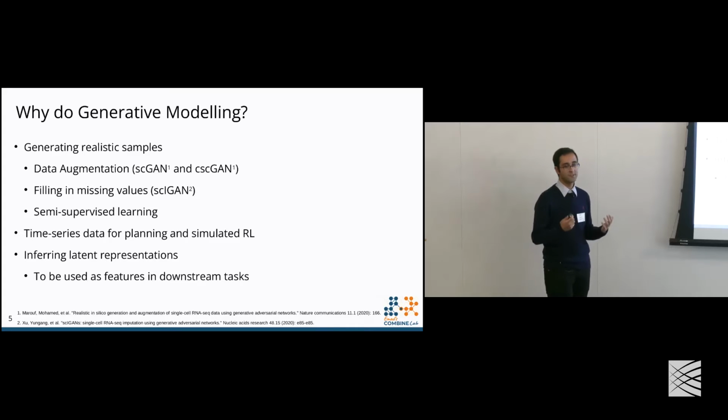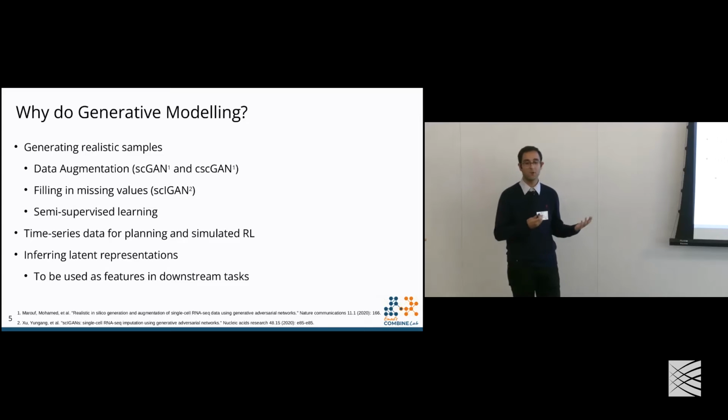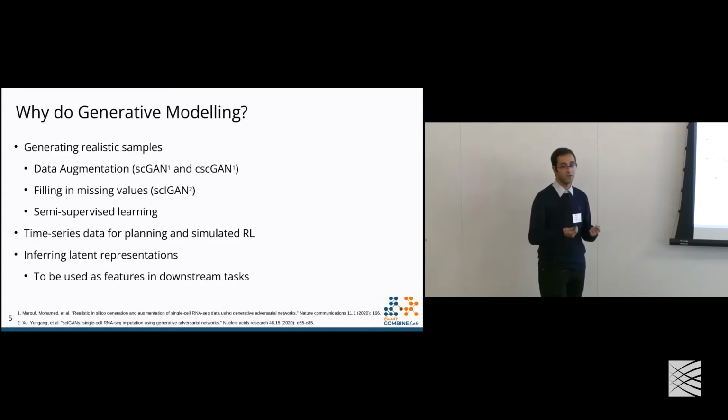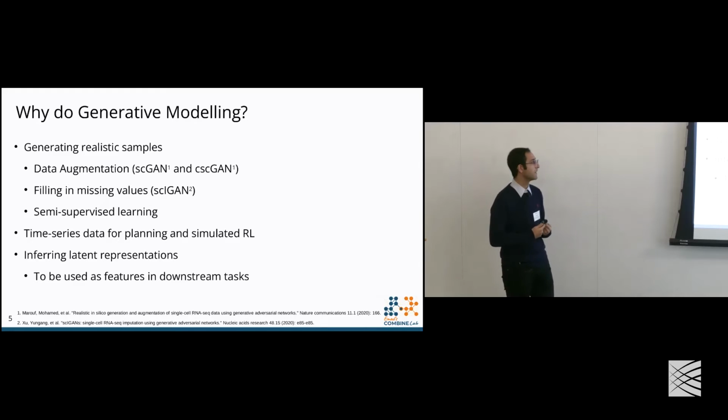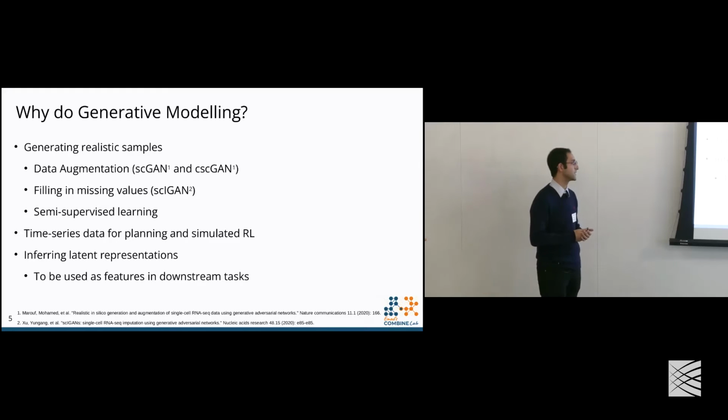That introduces some bias, and for rarer cell types, these models don't really generalize. So if we generate an augmented dataset, we can use that as a reference instead. And that is what scIGANs does, for example.